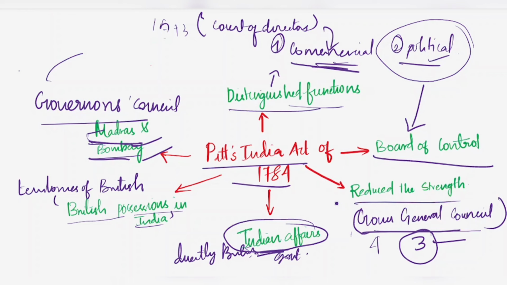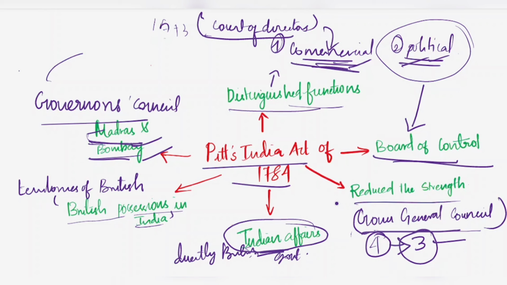Just remember the key points to derive the features. The first is the distinguished functions of commercial and political affairs of the company. For the commercial affairs they appointed the Court of Directors, and for the political affairs they appointed the Board of Control. Next, they reduced the strength of the Governor General's Executive Council from 4 to 3.